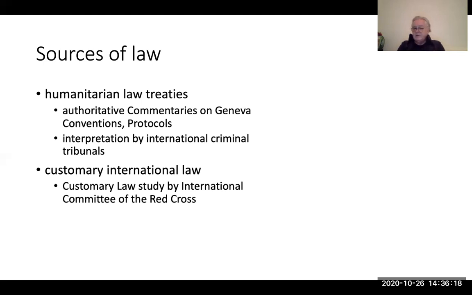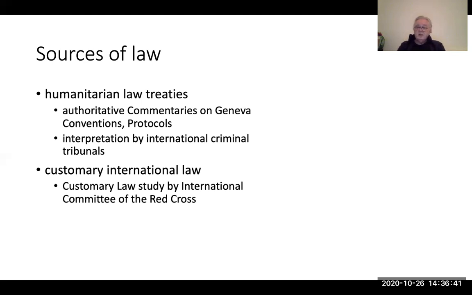There's an interesting distinction here with a related field of law I'm going to talk about in a minute, which is human rights law, because human rights law had no custom before the modern period. Human rights law was really viewed as being entirely domestic in nature. It wasn't about relations between states the way humanitarian law was.